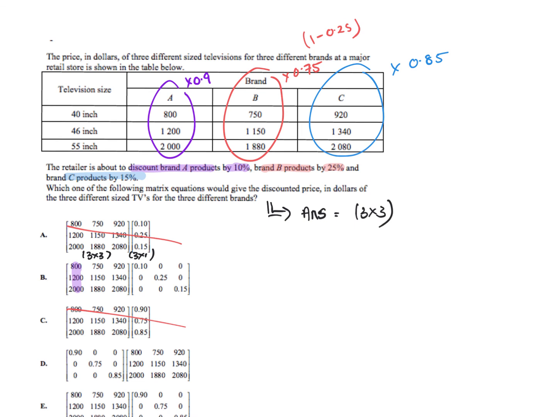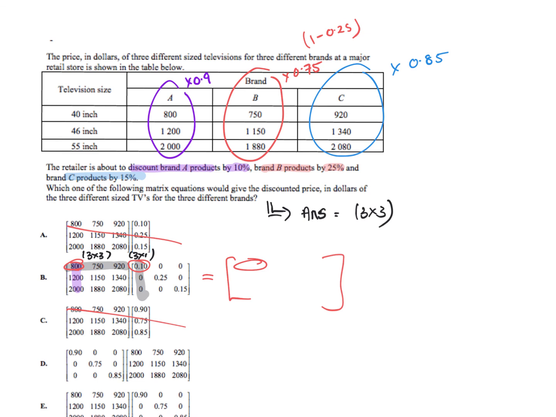If I go across this row by this column, that is going to give me this first answer, which should be brand A at the 40-inch and at 90% off. Can you see that? That's going to multiply that A by 10. That's not going to work, is it? No. So which one do we look down?